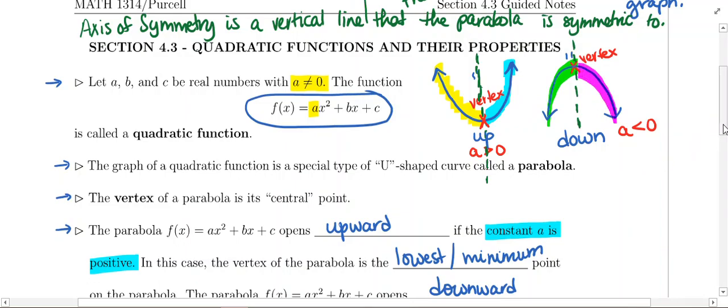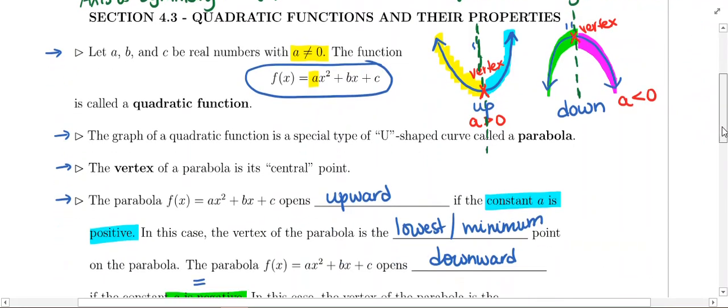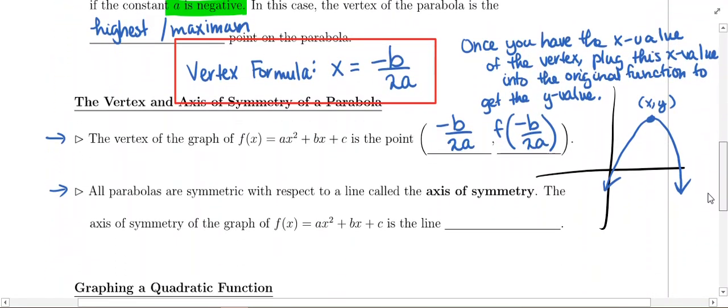So that is what the axis of symmetry is. One more time, it is a vertical line through the vertex, very important, and the parabola is symmetric about that line.